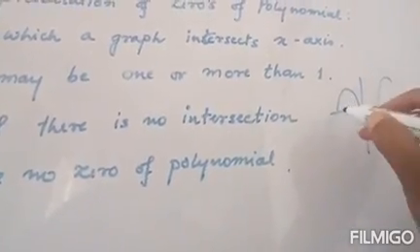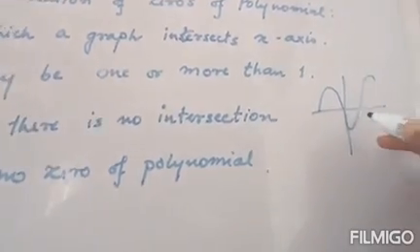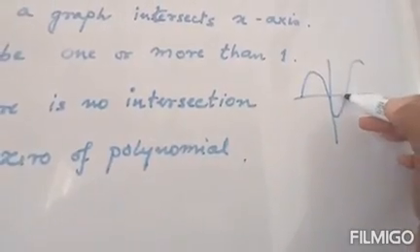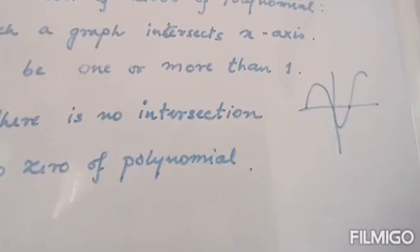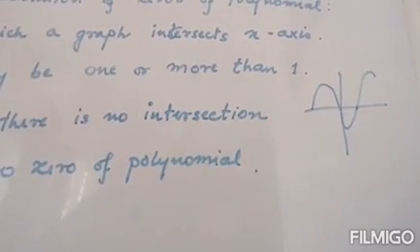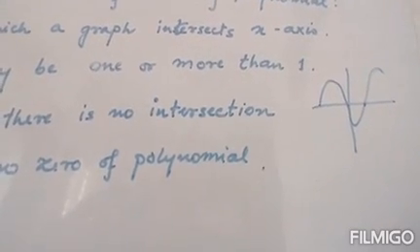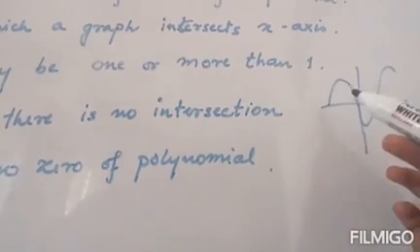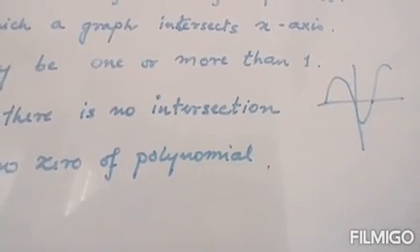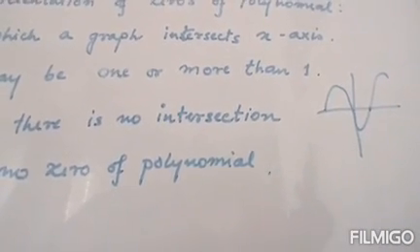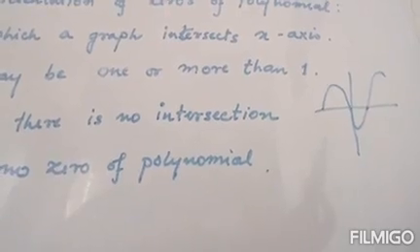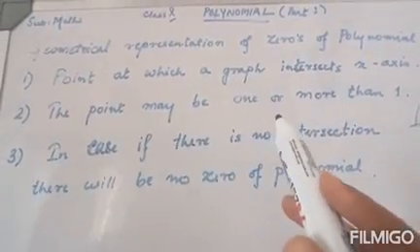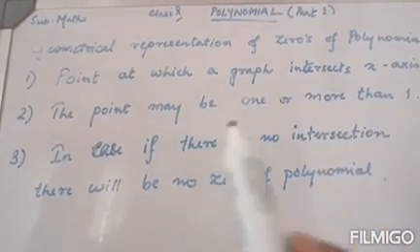You see this point as well as this point, 3 points where it is intersecting the x-axis. So I can get 3 coordinates, and that means in this case I'll have 3 zeros of polynomial. So there may be 1 or more than 1.